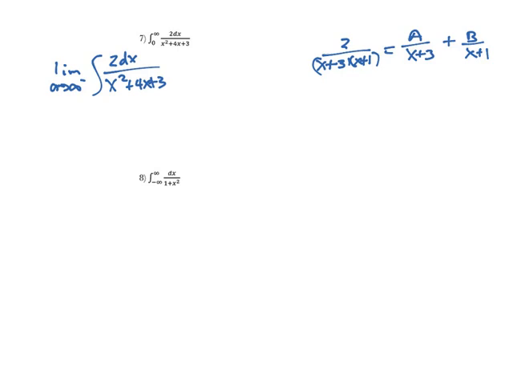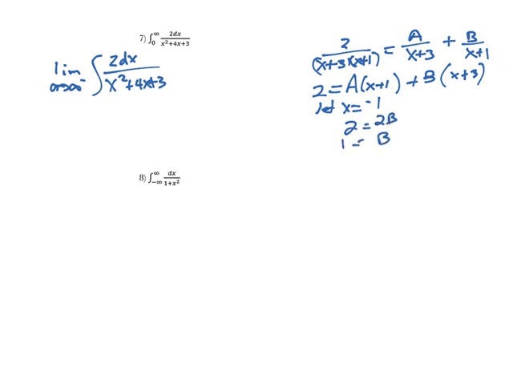Multiplying through by the common denominator, I'll get 2 equals a times x plus 1 plus b times x plus 3. So if I let x equal -1, the a term will drop out, and I'll get 2 equals 2b, so b is 1. If I let x equal -3, the b term will drop out.